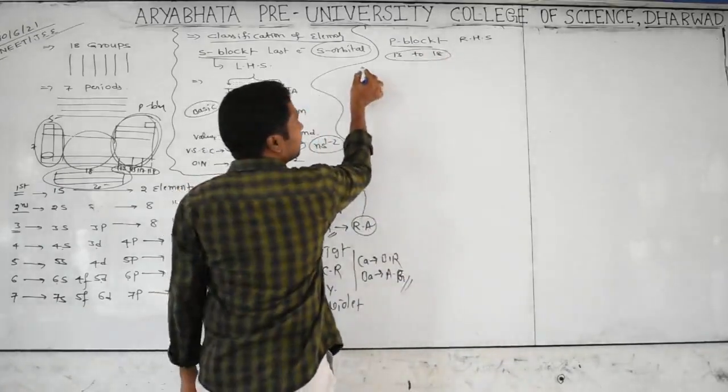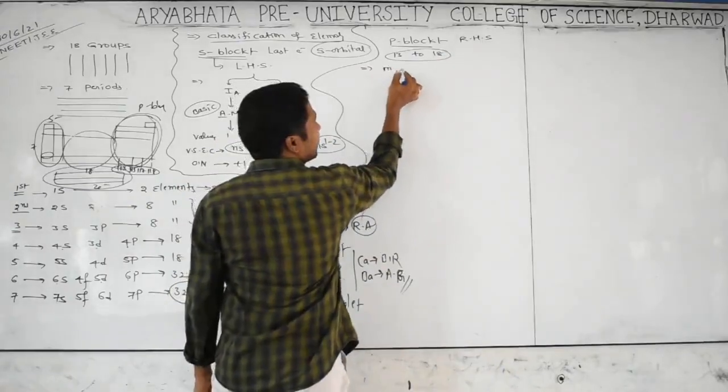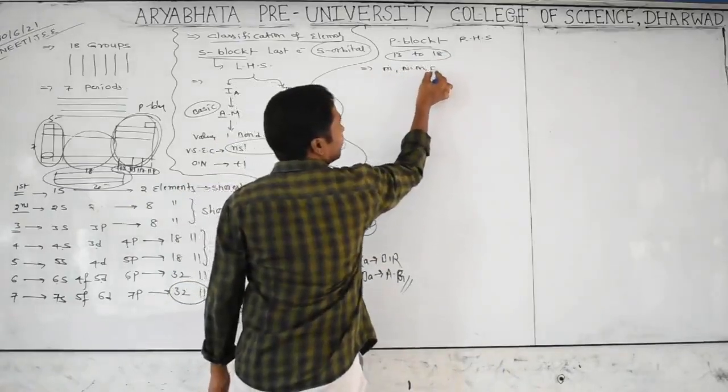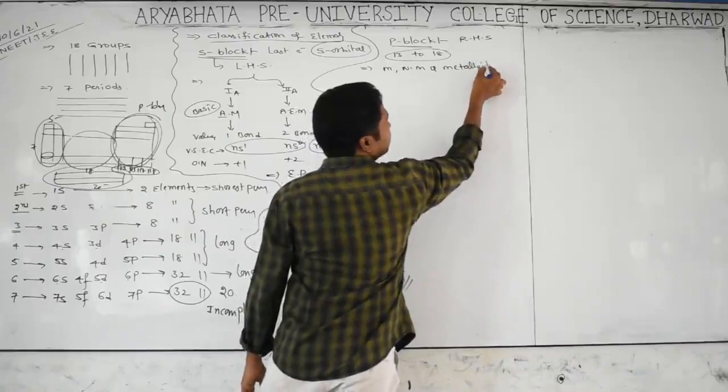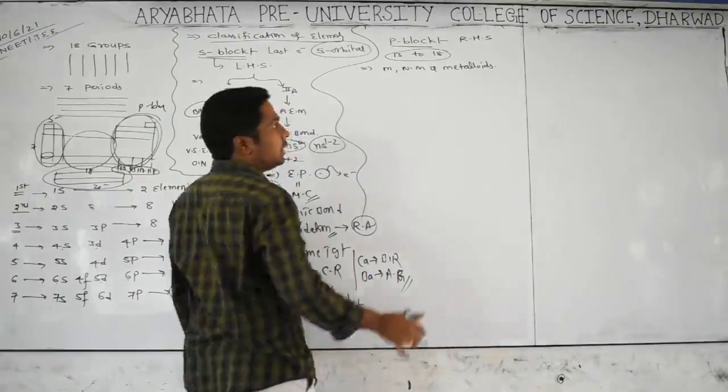In the p-block elements, what do we have? Metals we have, non-metals we have, and also metalloids we have. All types of elements are present in the p-block.